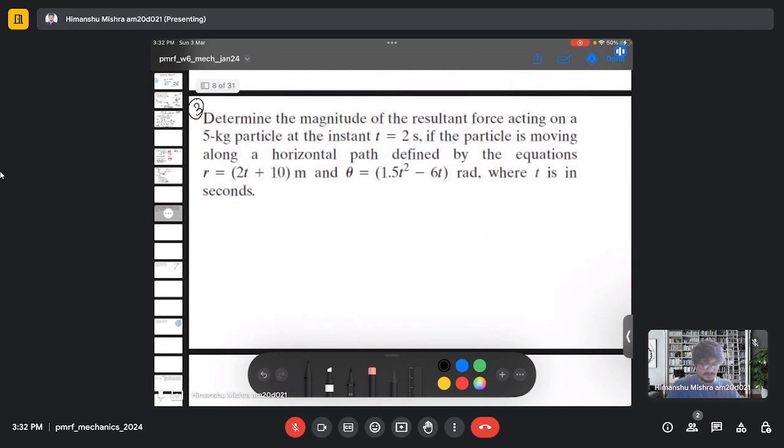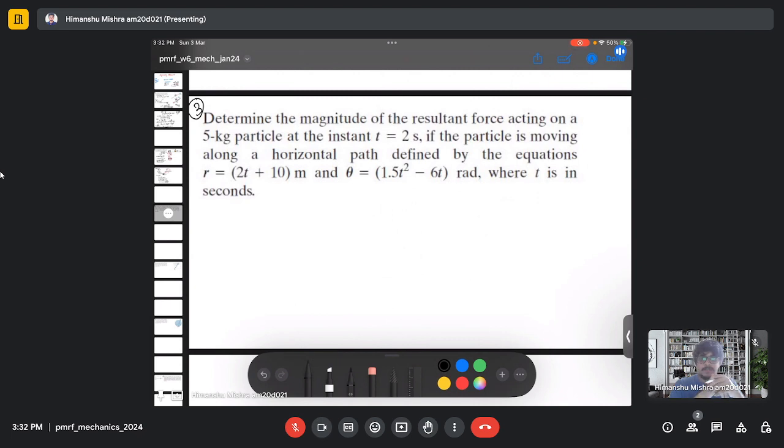So now let's move to the next type of problem. Until now we have been solving the problems in Cartesian coordinates, where we have given x and y coordinate system, and we define the force in those x and y components and calculate the unknown quantities.